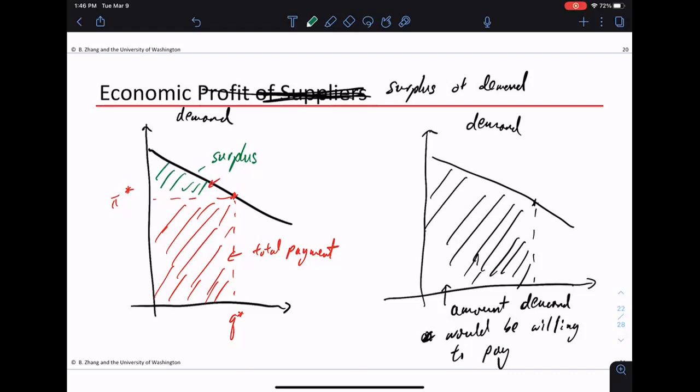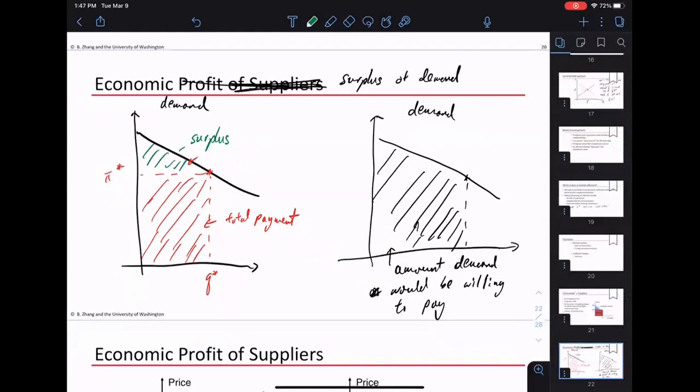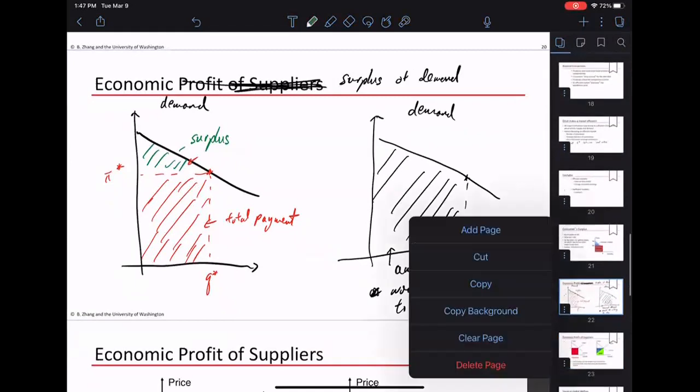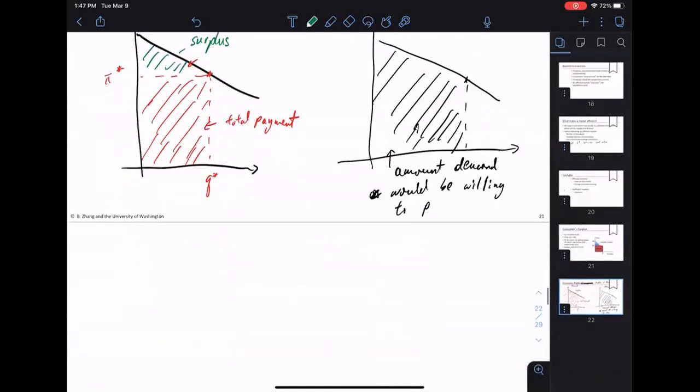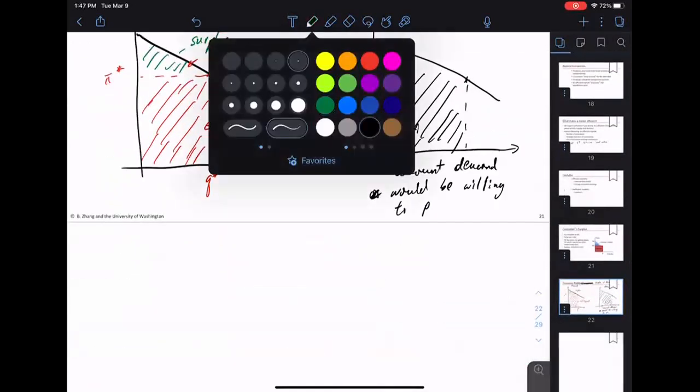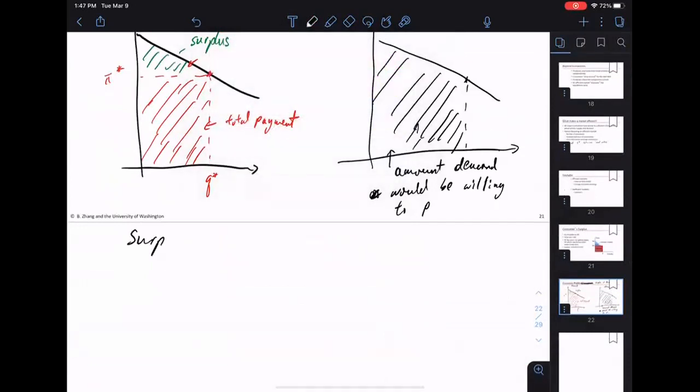So you're happy from the demand perspective. And basically the mirror image happens for the supply side. So let's look at what happens for the supply side. If you look at the economics for the supply, this is surplus.